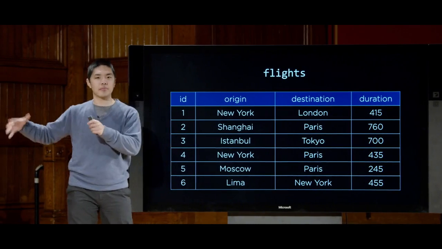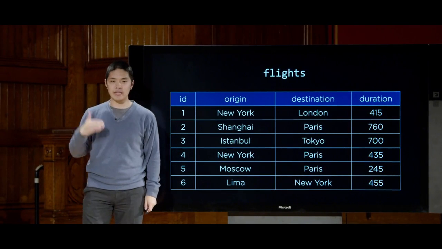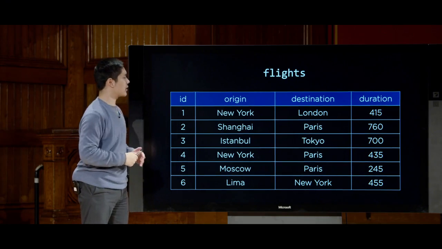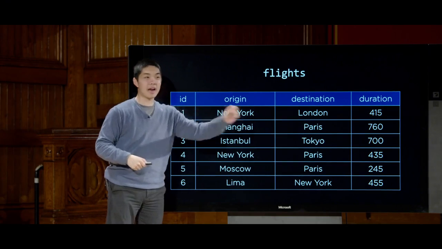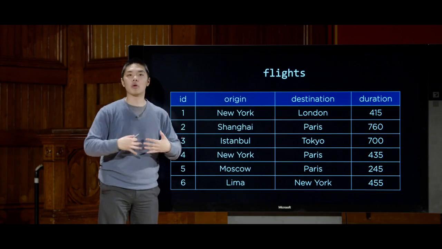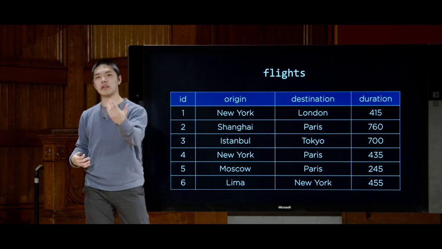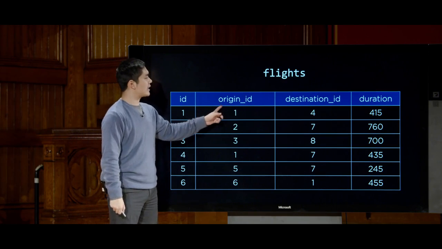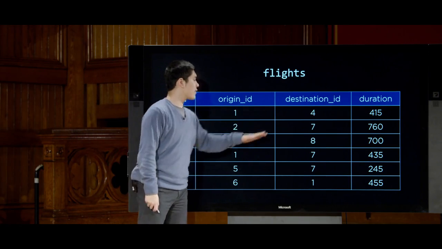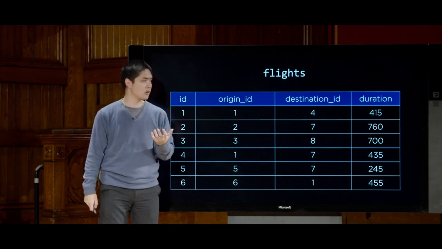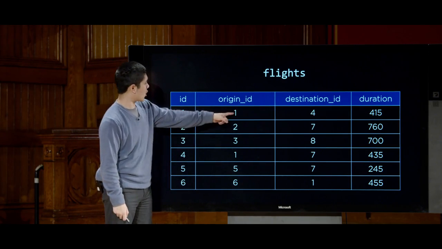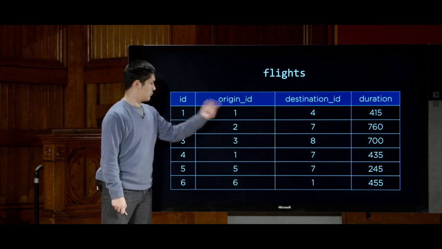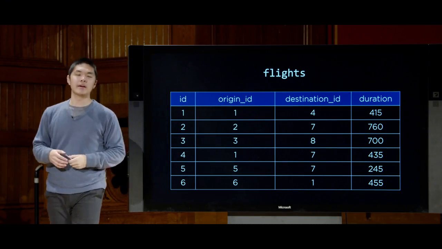Well, now that I have this separate airports table, where every row has its own unique ID, instead of storing an origin and a destination as text, I can store what we'll call a foreign key, a reference to a key in another table, and rename these columns to origin ID and destination ID, that instead of storing text are going to store a number, where origin ID 1 means the origin of flight 1 is whatever airport number 1 happens to be.